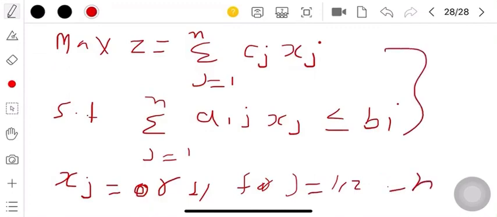So this is the problem where xj are either 0 or 1, and you want to solve this problem.